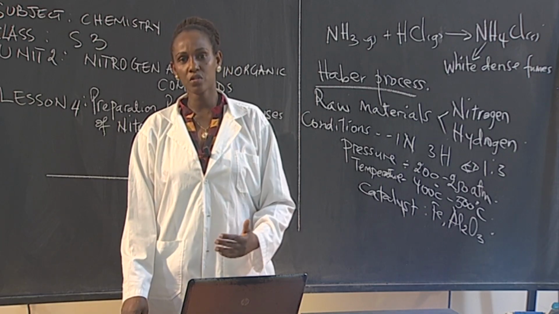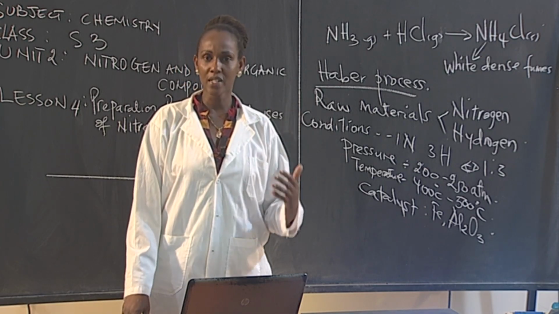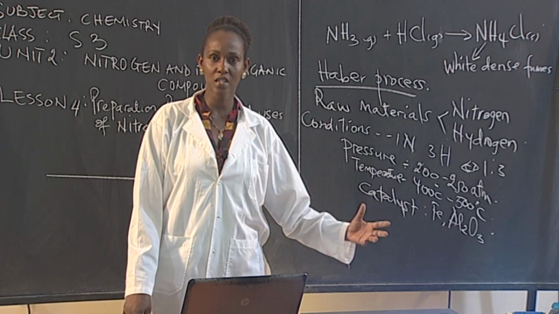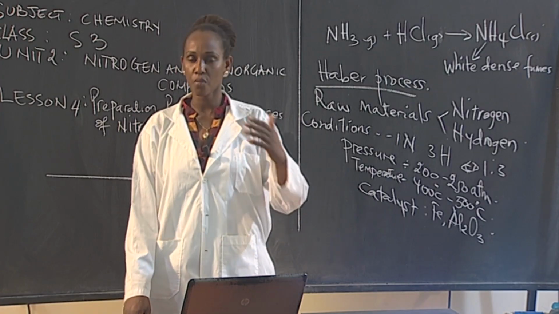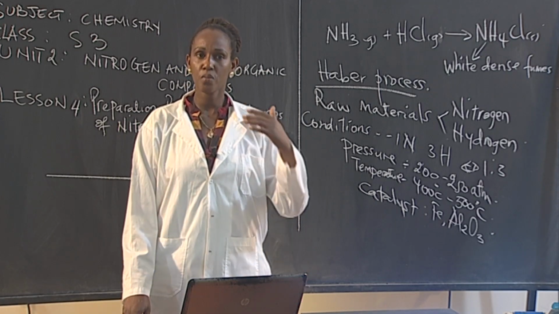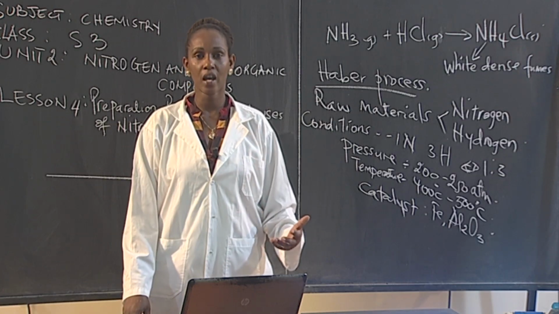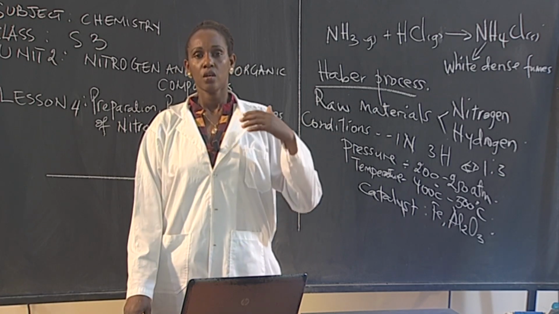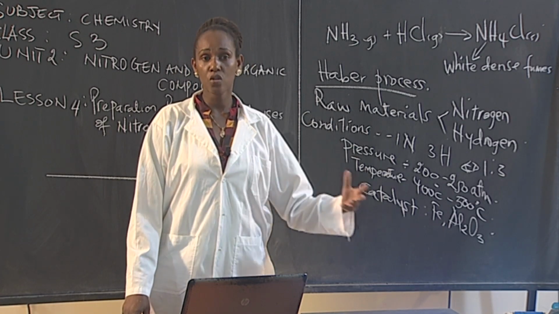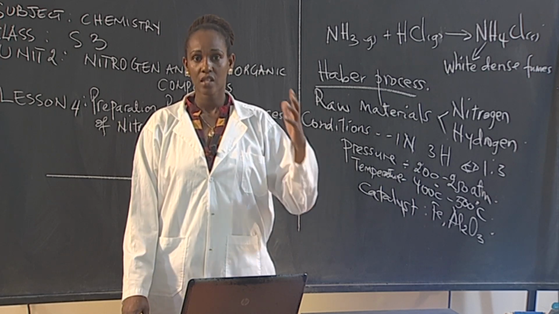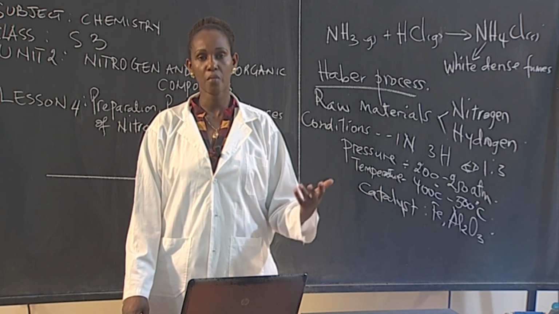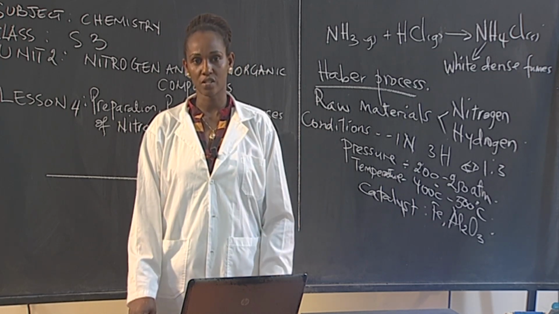You should be able to tell the properties of ammonia, both physical and chemical. You should be able to tell the uses of ammonia, and you should be able to describe all those methods that are used in the manufacture of ammonia, Haber process inclusive.